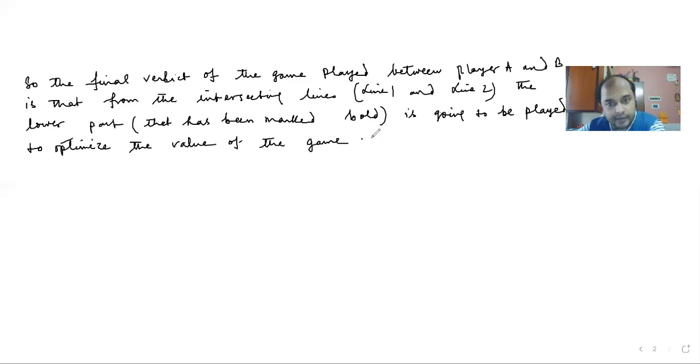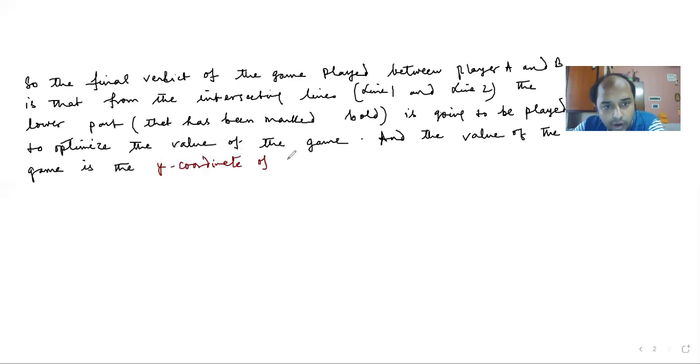And the value of the game is the y coordinate of the point P, that is of the intersecting point.